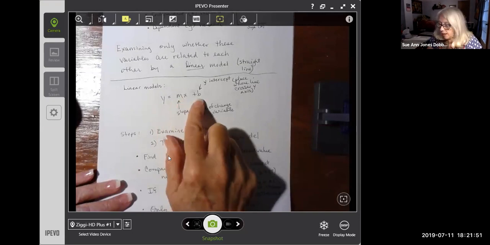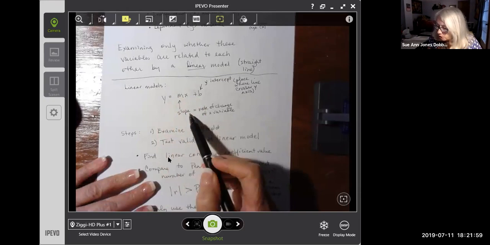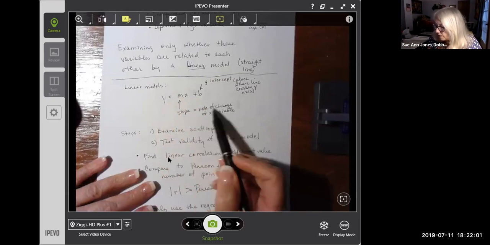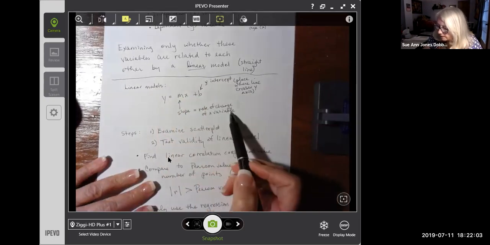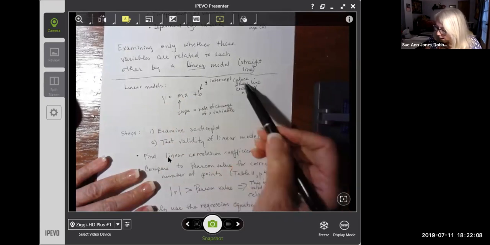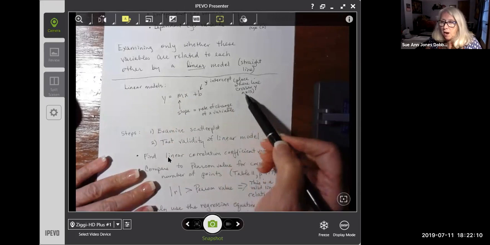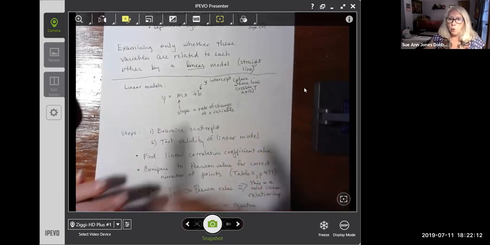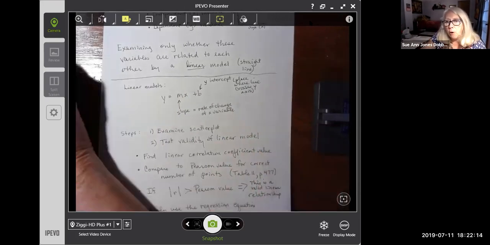And in that, your two variables are x and y. The m represents slope, which is the rate of change of the y variable with respect to x, and the b represents the y-intercept, or where the line crosses the y-axis. So let me actually go back as quickly as I can to that picture again.